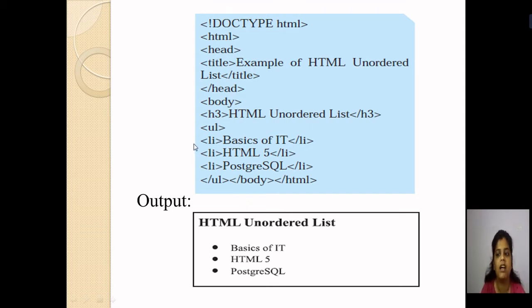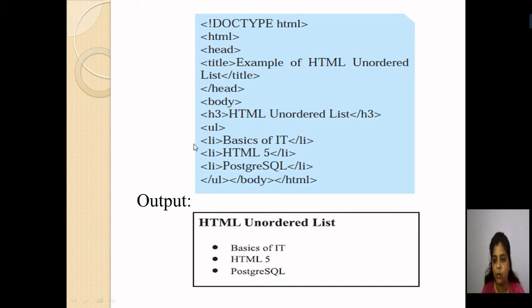This program we will do practically, where we will see the different types of symbols which are used under a ul tag. There is a simple circle, there is a square, you can use square, disc, there are different types. We will see that practically.